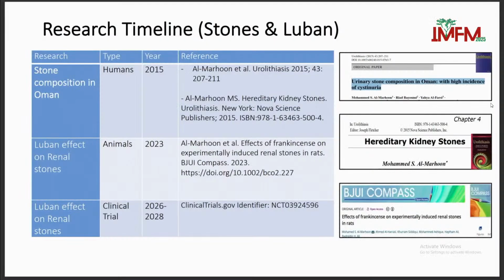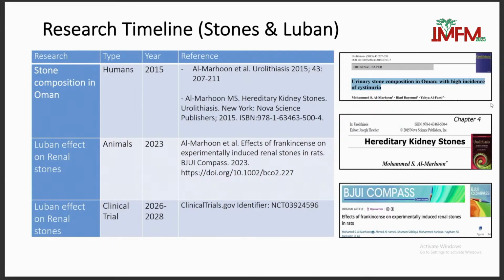I'm just going to take you through the journey of what we have done so far in this field. As I mentioned, we published a paper which looked at the composition of stones in Oman. I have also participated in a book chapter about hereditary kidney stones.